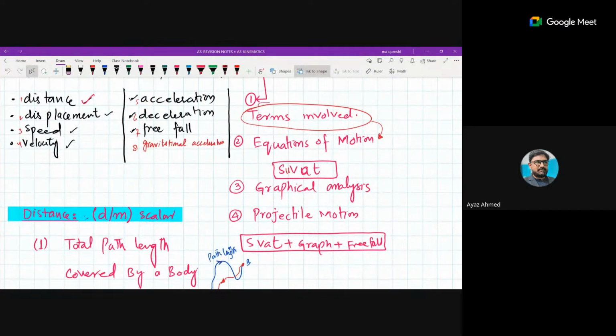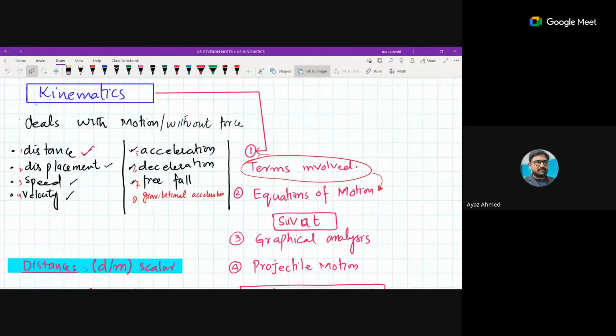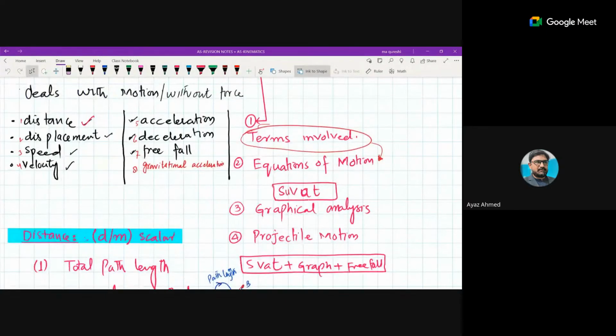First of all, the terms discussed in kinematics are distance, displacement, speed, velocity, acceleration, deceleration, acceleration of free fall and onward. And some other areas are the equations of motion. They are SUVAT equations, yani displacement, distance, initial speed, final speed, or velocity, acceleration, and time equations.